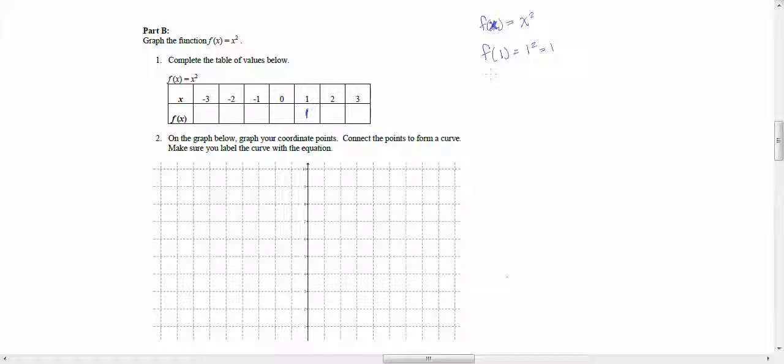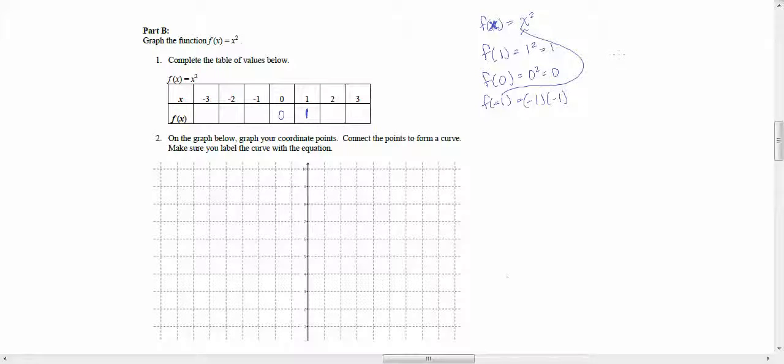What is f of 0? Okay, well that's pretty simple. 0 squared equals 0. Alright. What is f of negative 1? Well, the question is, what is negative 1 times negative 1? Because that's what negative 1 squared means. Basically, I'm plugging negative 1 into this x squared term over here.